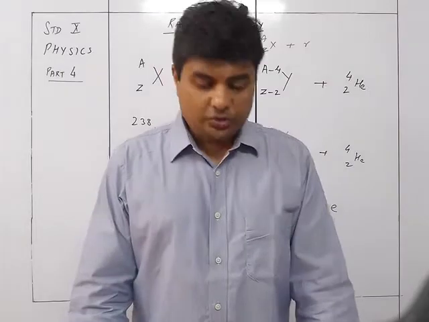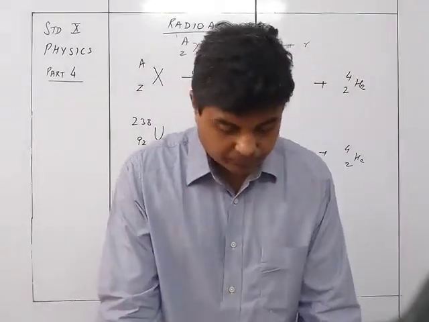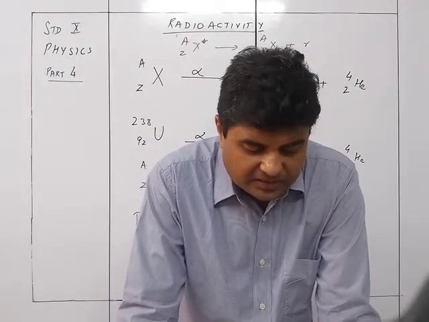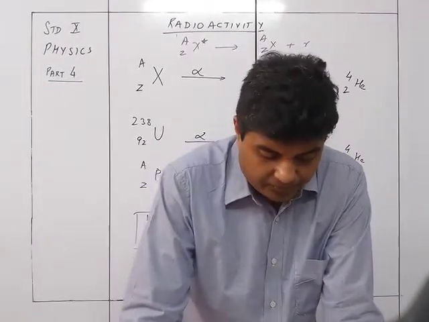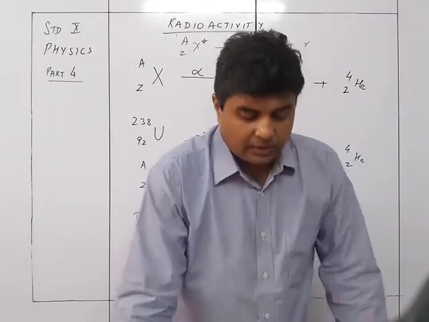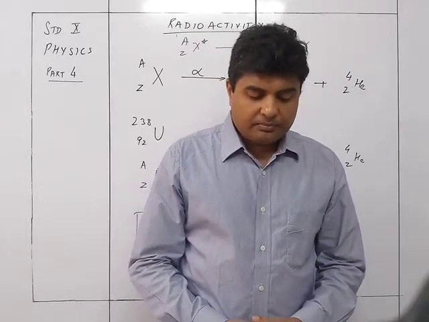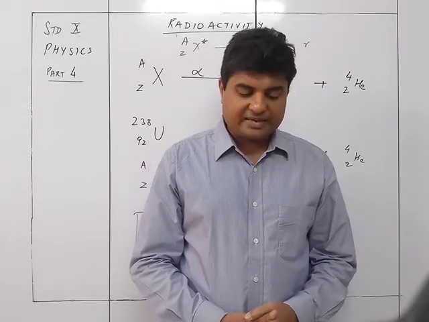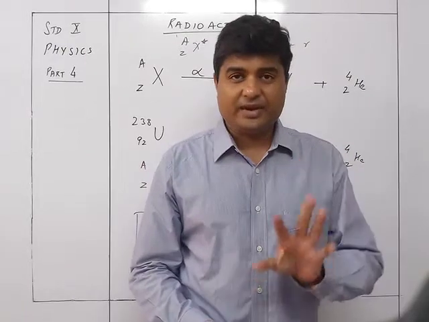Now we see the uses of radioactivity or radioisotopes. The isotopes of some elements with atomic number Z greater than 82 are also found to be radioactive. They are called radioisotopes. The nucleus of the atom becomes radioactive when the number of neutrons in the nucleus exceeds the number of protons inside it. For example, Z less than 82.